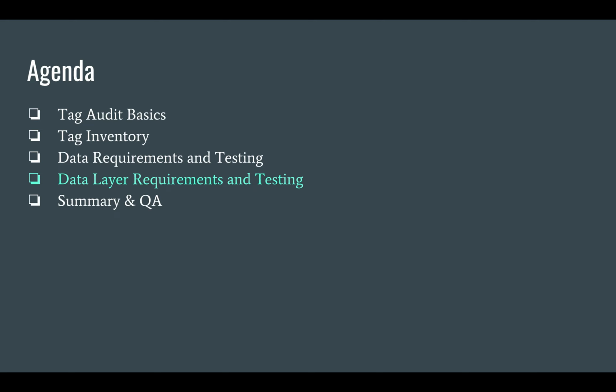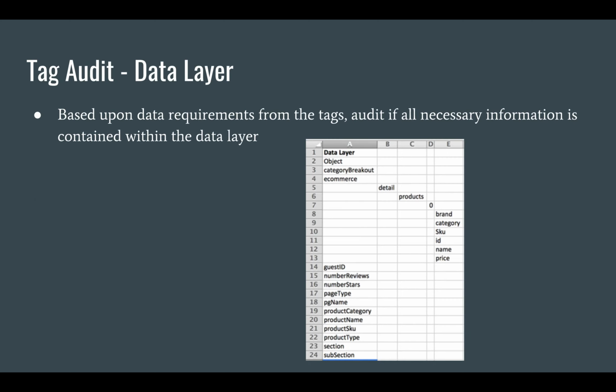So we have the tag requirements as far as data that's needed on these different interactions and on these different pages. We can now translate that into what that looks like in our data layer. So we have the different attributes, and based upon those requirements, we can see, is everything there? If we already have a data layer object, is everything there that needs to be right now?